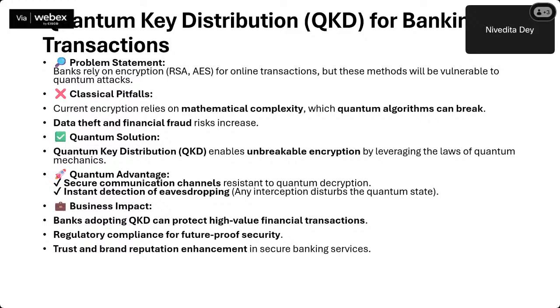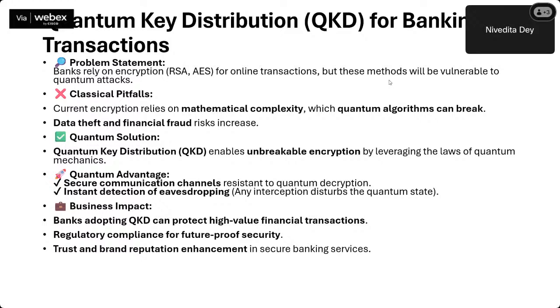The quantum solution is QKD, which enables unbreakable encryption, or perfect information-theoretic security, by leveraging the laws of quantum mechanics. It provides a quantum advantage because the secure communication channels are resistant to quantum decryption, along with instant detection of eavesdropping.